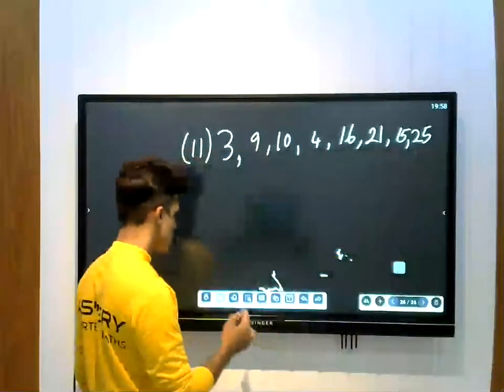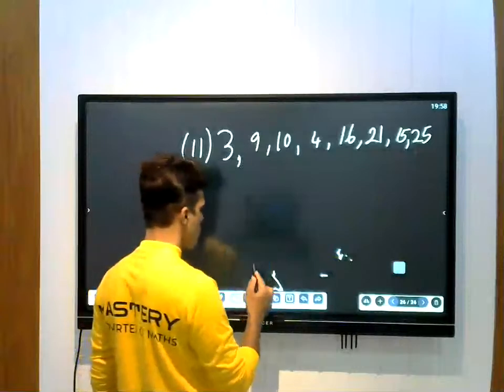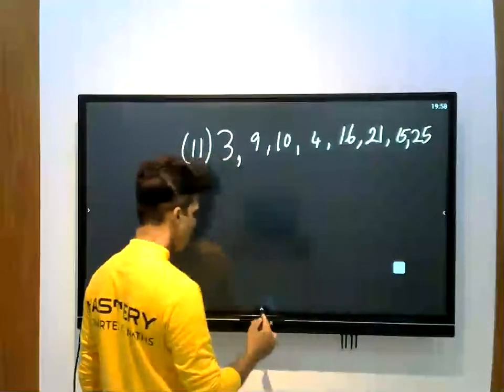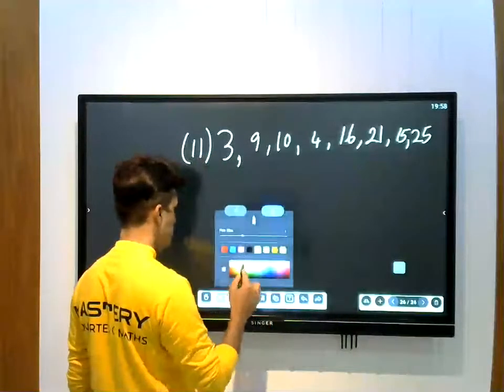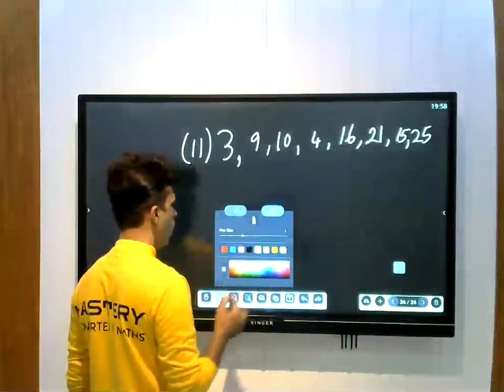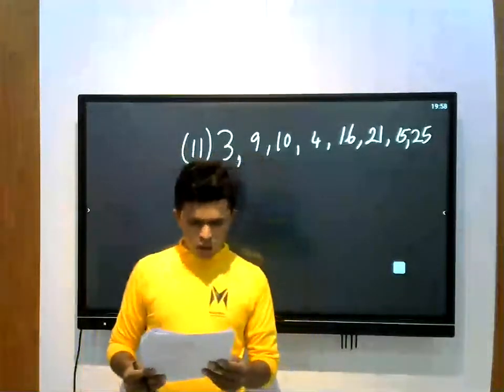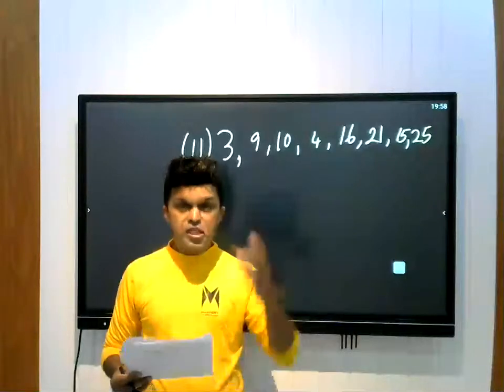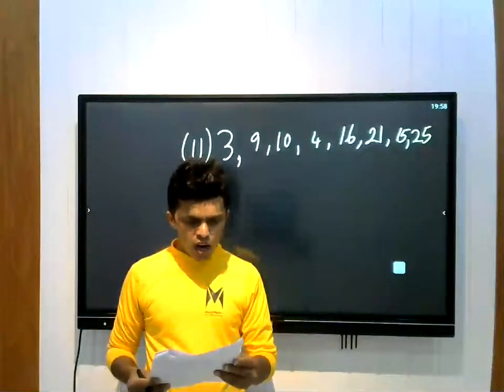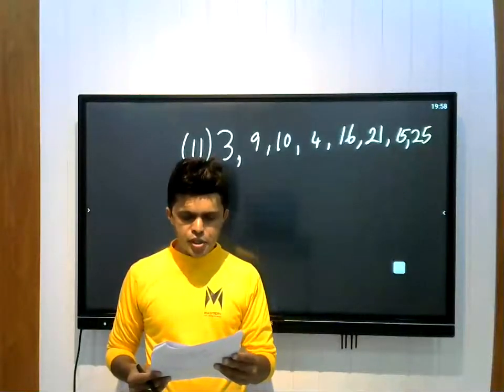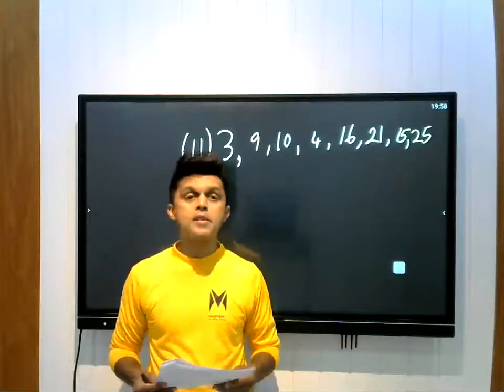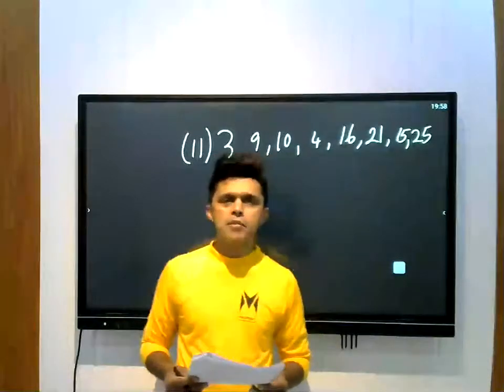What we have to do here is separate the above numbers into two groups based on their common properties.